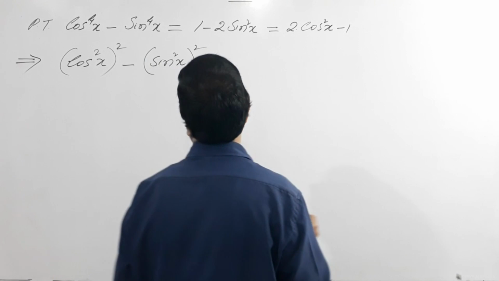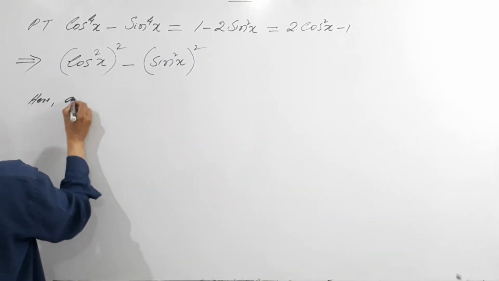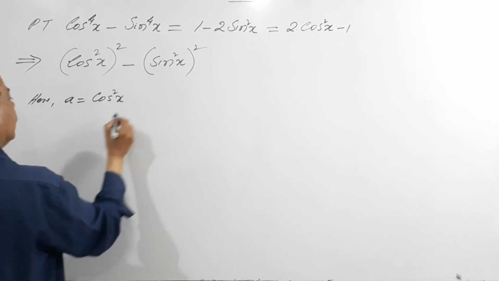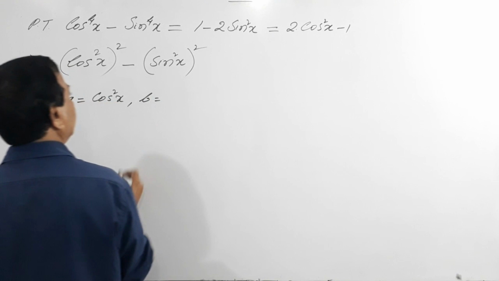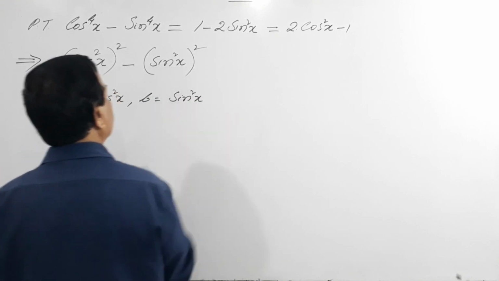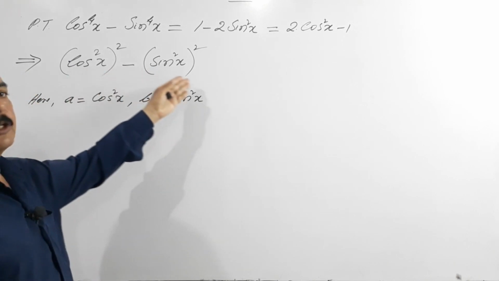So here I treat a equals to cos square x and b equals to sin square x, and this is the form what? A square minus b square.